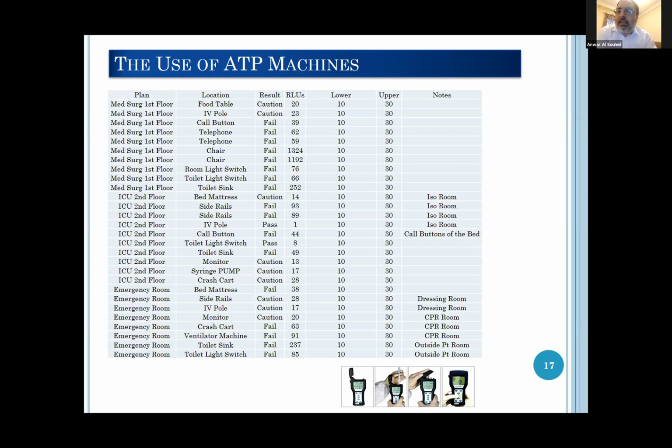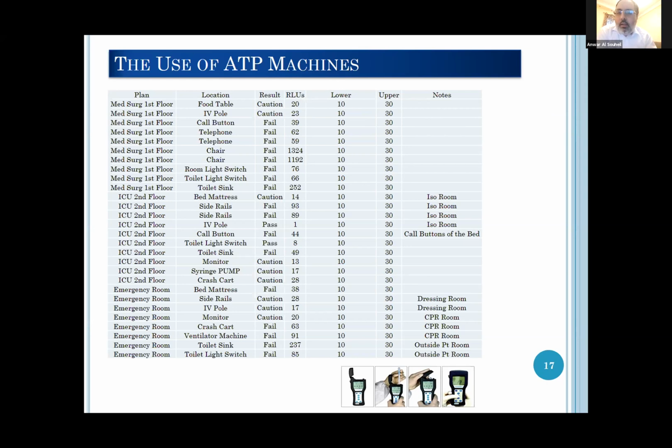This result is expressed in RLU, relative light units, which is a form of ATP detection. Every organic material present on every surface contains a form of life, which is ATP. This machine is able to detect such organic material.